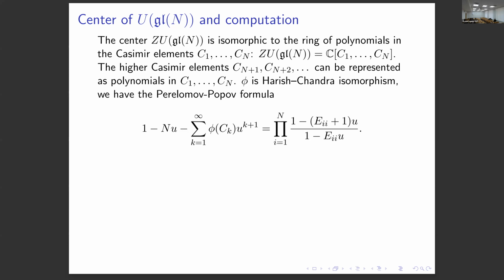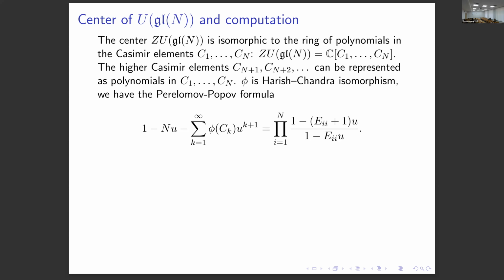And as for how to represent the higher Casimir elements as polynomials in the lower ones, we take phi as the Harish-Chandra isomorphism, and we get the formula. Because phi is actually an isomorphism, you can resolve this formula and get how phi looks, what it sends C_k to.